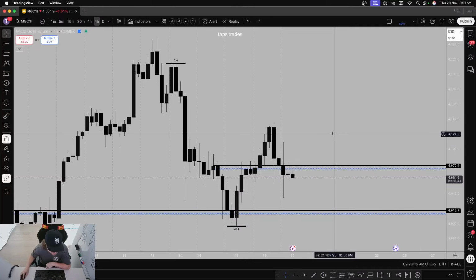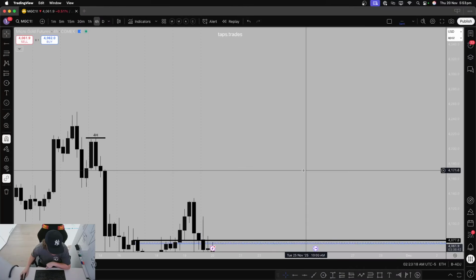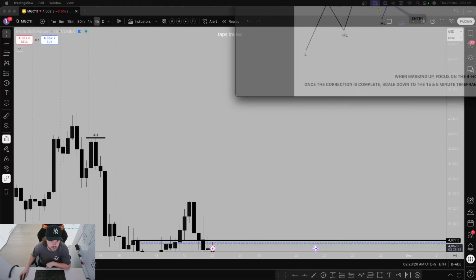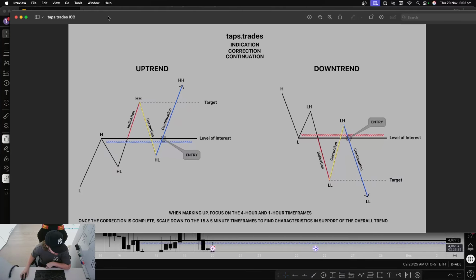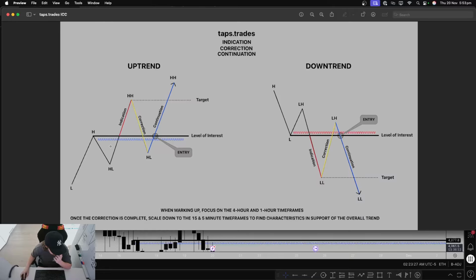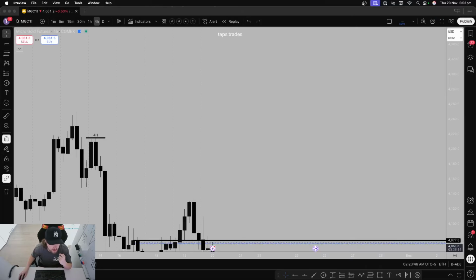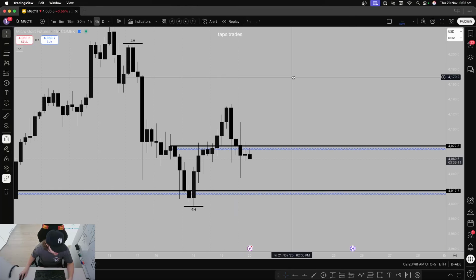So what does that look like? It looks like this. If we're looking for an uptrend, you can see that level there with those little upward arrows. That means once price has created an indication and had its correction below the level of interest, we're buying above that level, again if we get the characteristics that support the overall trend. I hope that makes sense.